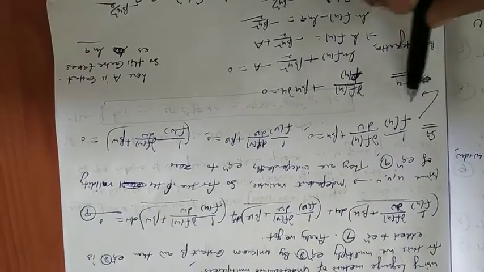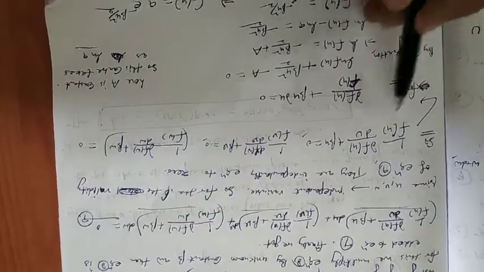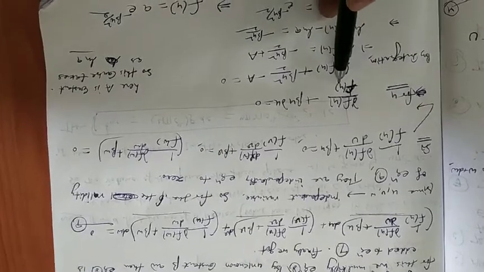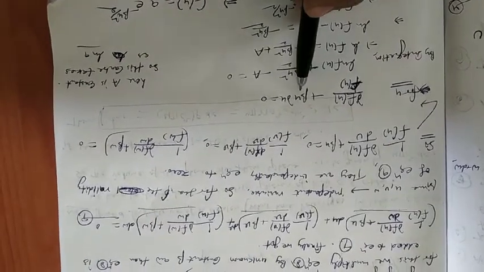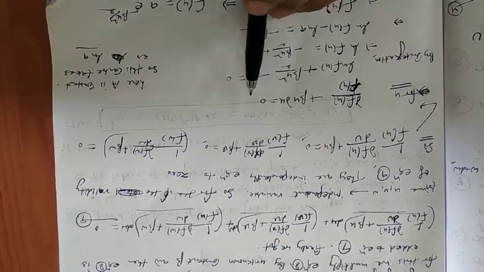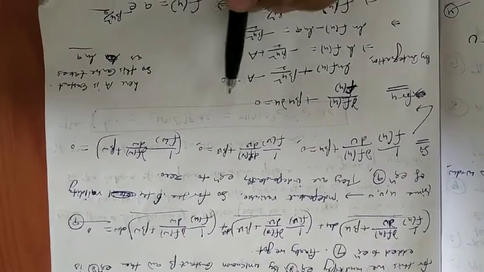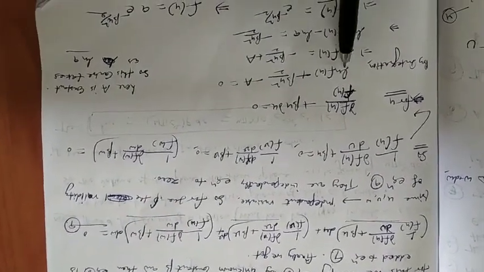Firstly, we solve the equation for u: del f(u) upon f(u) plus beta u du equals 0. To solve this equation, we integrate it.